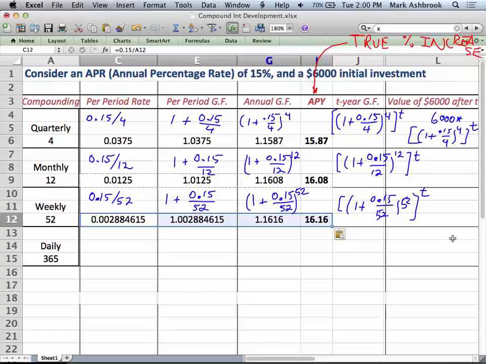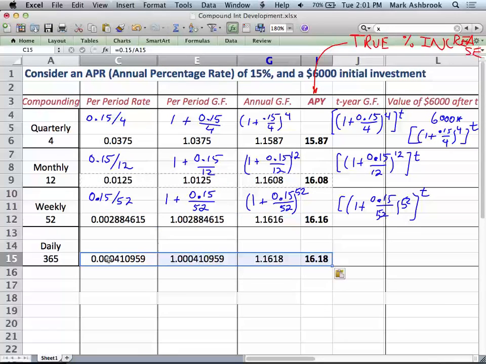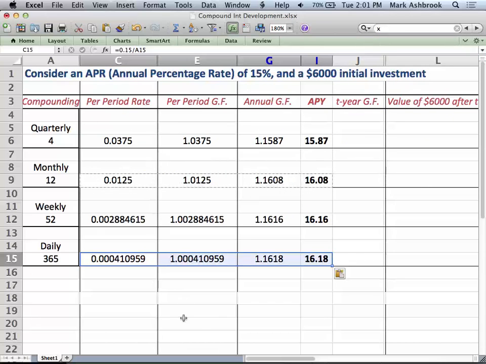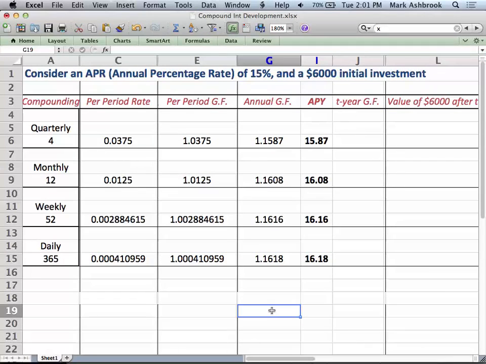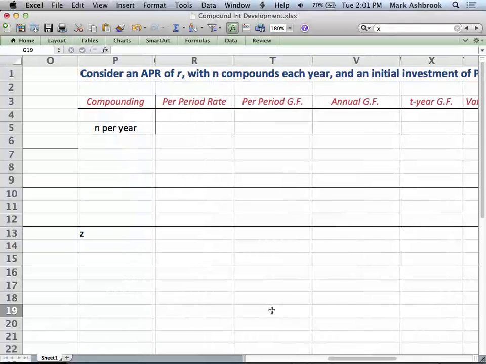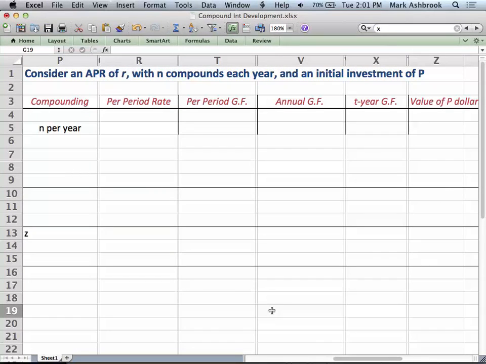Okay, if you want to check your work for daily, here it is. Questions on this process? Okay, so let's generalize it. Now the APR is anything, R. We're going to compound n times per year, n, and initial investment of P. So what will your per period rate be?